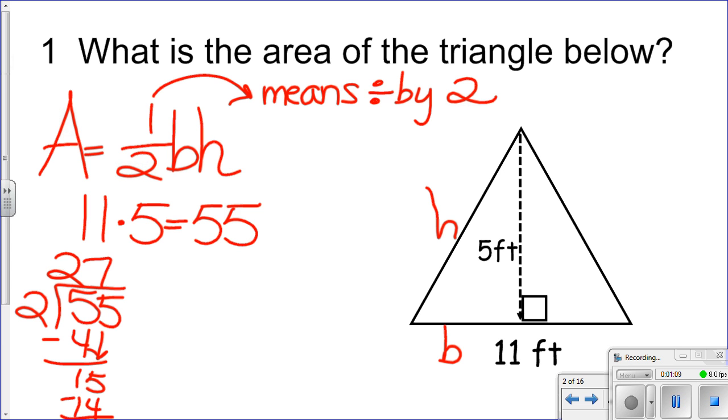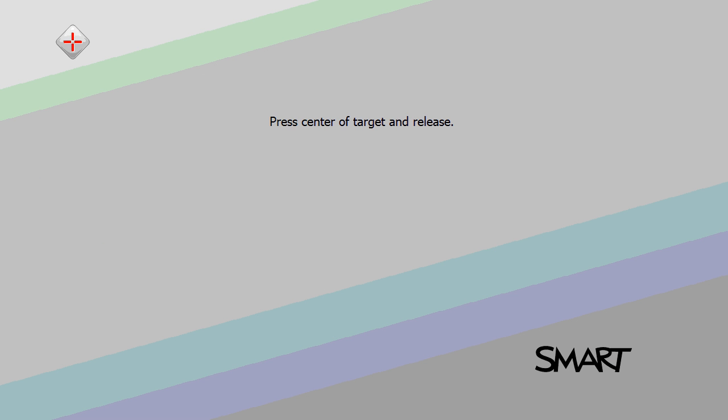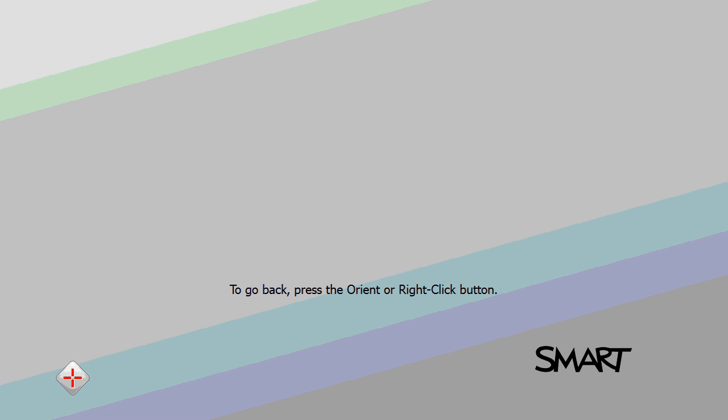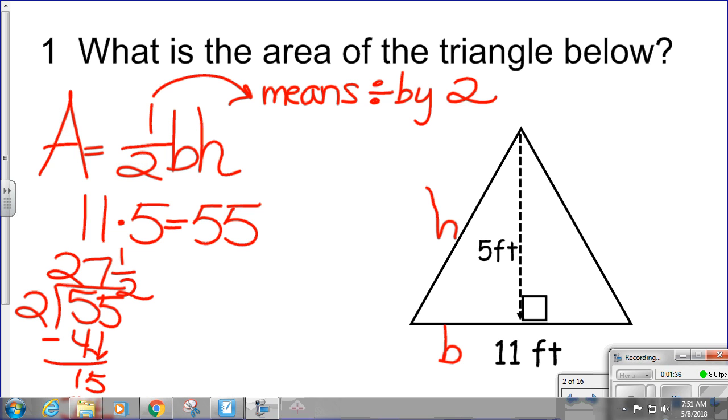And you can keep dividing by putting a decimal and a 0, or you can write your answer as 27 1/2. If you kept dividing with a decimal, you'd get 27.5. Either is acceptable.